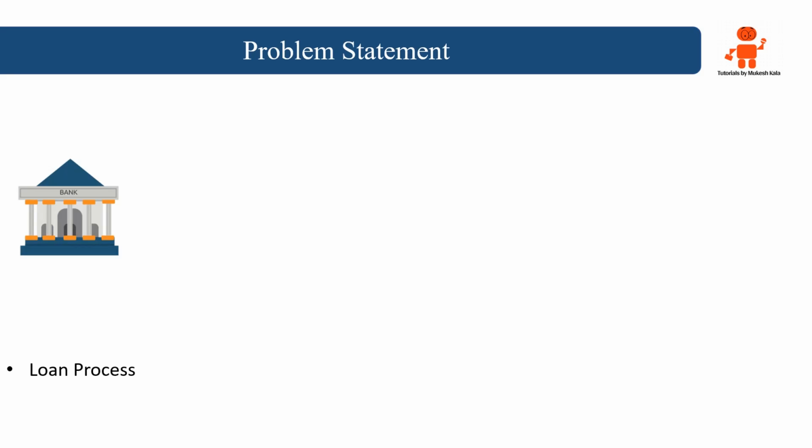Let's say I have a bank where many people are applying for a loan. Now, on, let's say, a daily or weekly basis, the bank receives an email which has data of the customers who want to apply for the loan.